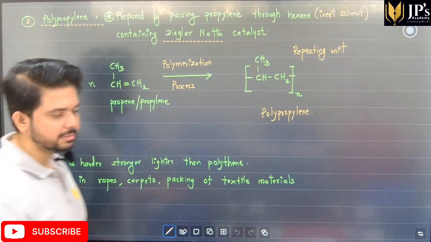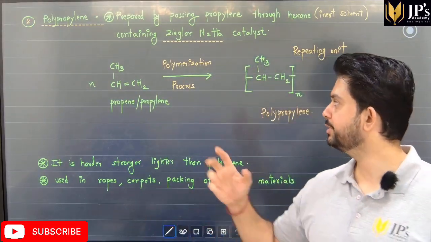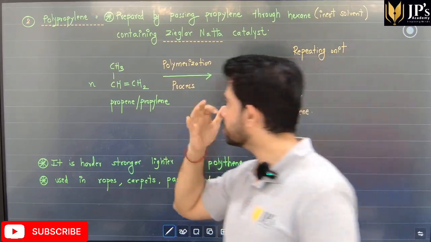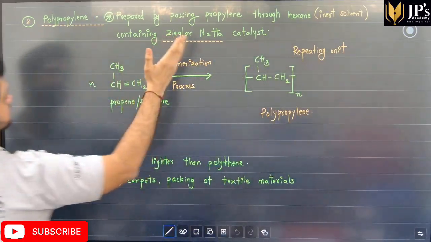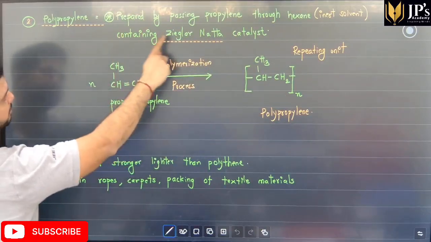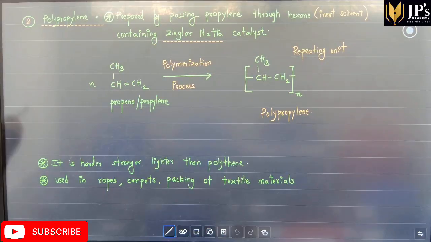Next, students, similar to polythene, where the monomer was ethylene, here the monomer is propene or propylene. So the polymer is called polypropylene. It is the same method of preparation. However, it is prepared by passing propylene through hexane, which is your inert solvent, containing Ziegler-Natta catalyst.